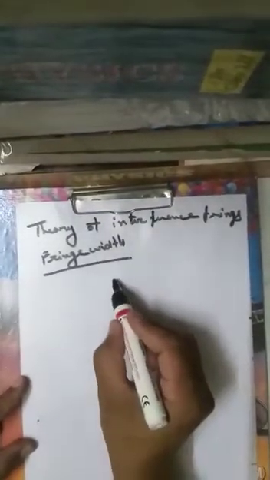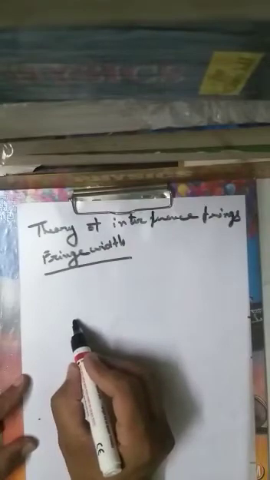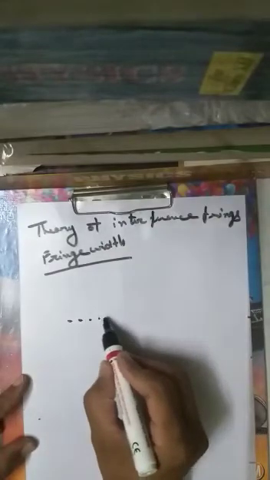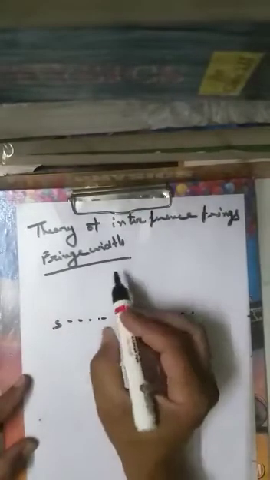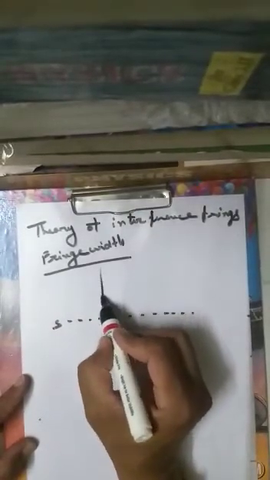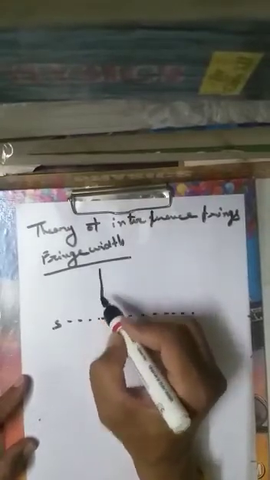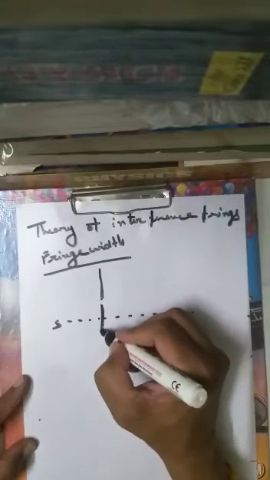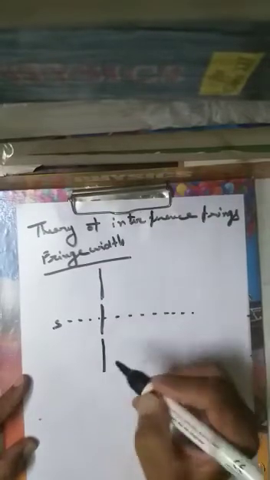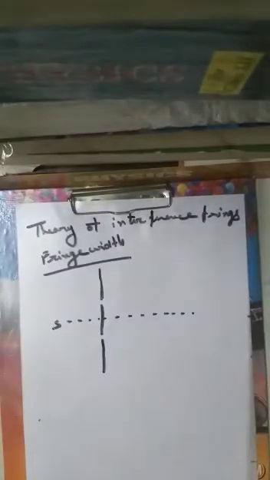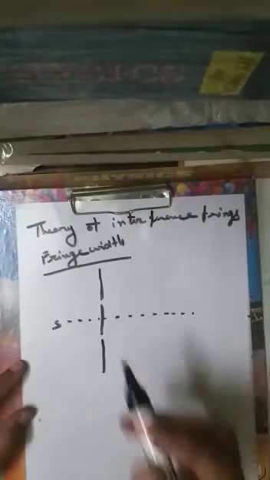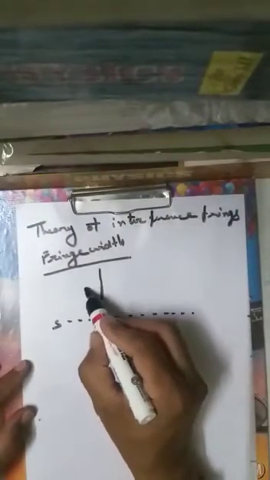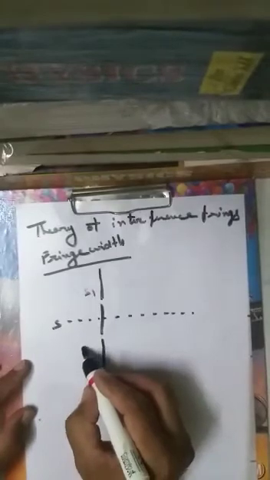We take a source S and a two-slit arrangement: a board on which two marks act as slit S1 and slit S2.